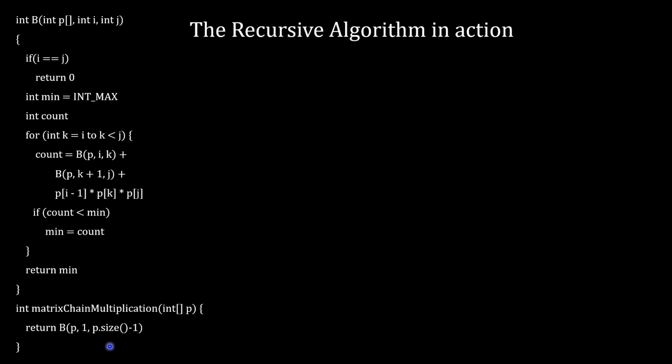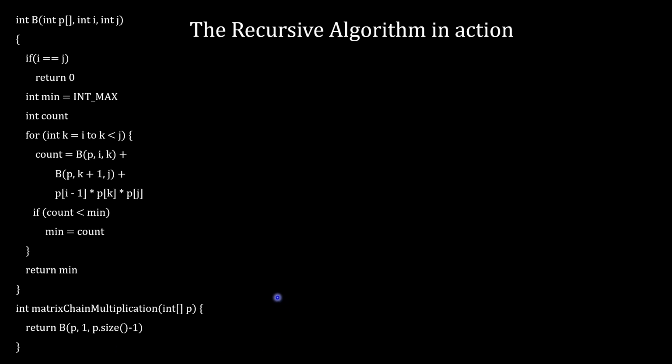So we know that the number of dimensions that we've got minus 1 is going to be equal to the number of matrices. So for example, if we had 4 matrices, which we're going to have in this example, we're going to take an array of the dimensions of all of these matrices. We're going to be going from a range of 1 up to 4 matrices.